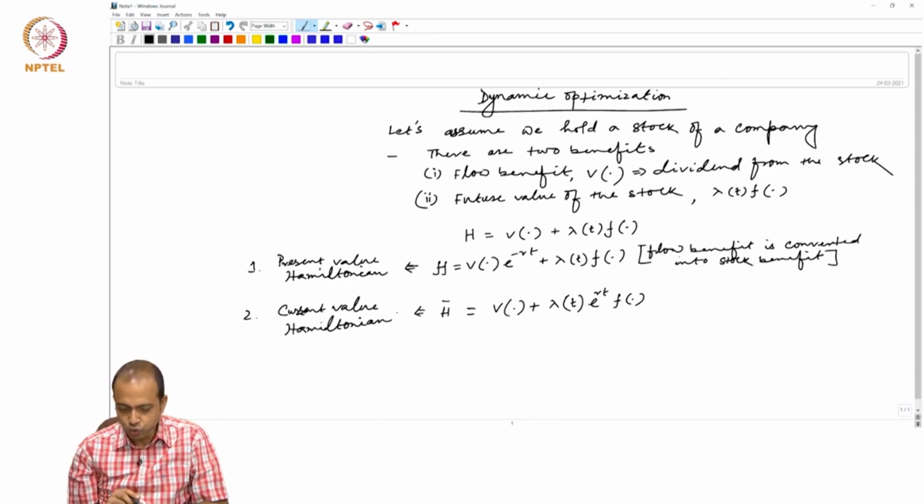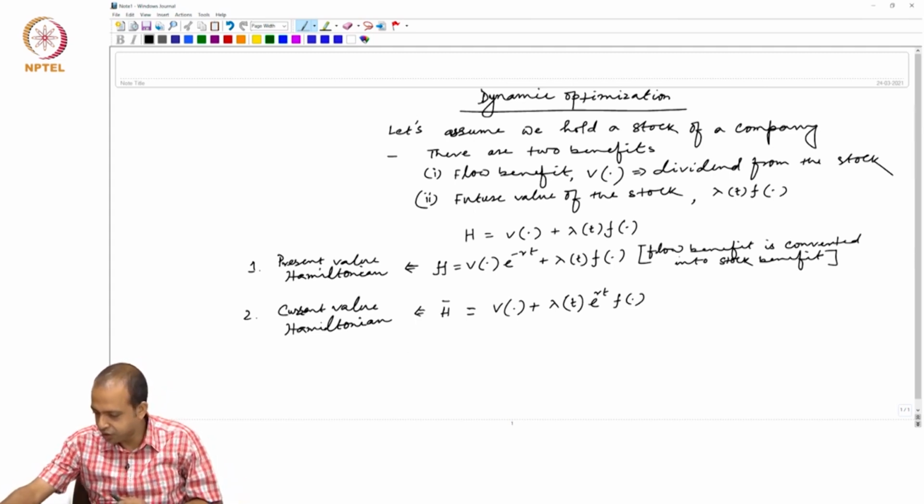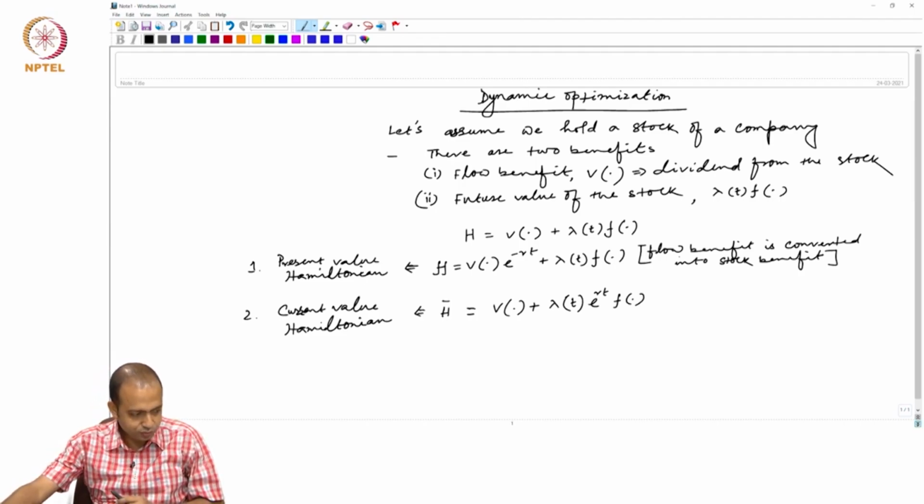Now, let us assume that what we can write. So, this is basically from here in the next page what I will write, h bar equals to this I have written.